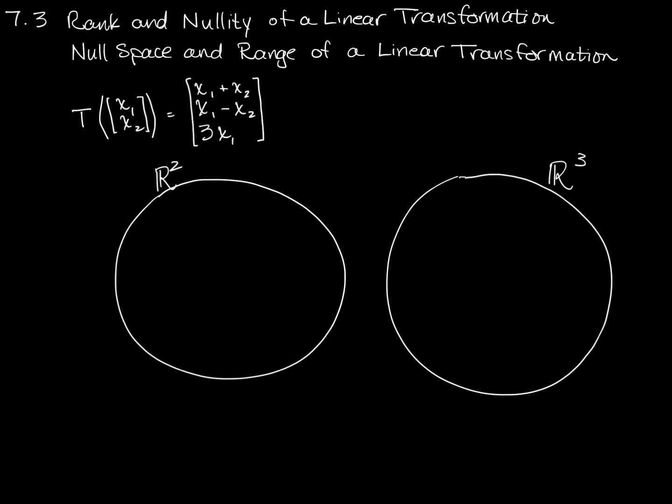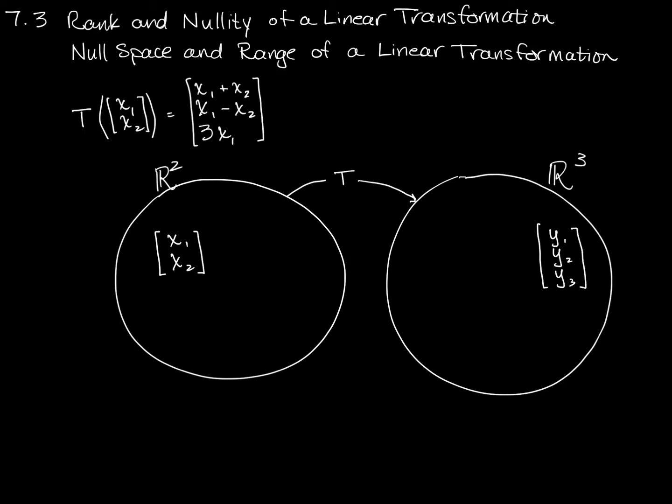My output vectors are all 3-dimensional vectors. So my codomain is R3. My transformation takes things from R2 and puts them into R3. So an input will look like this, and an output will look like this.